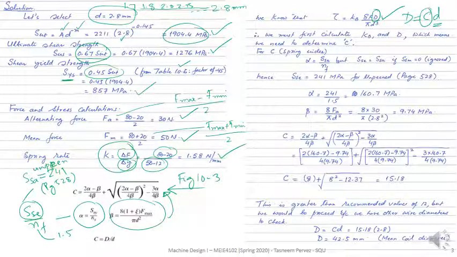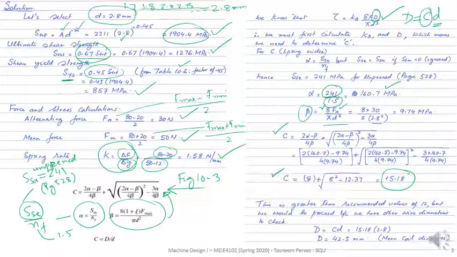Sorry, unpeened material. So I use those 241 and 1.5. I got alpha, and I can calculate beta because I know the forces and the diameter. Once the C is known, I got this one, 15.18.